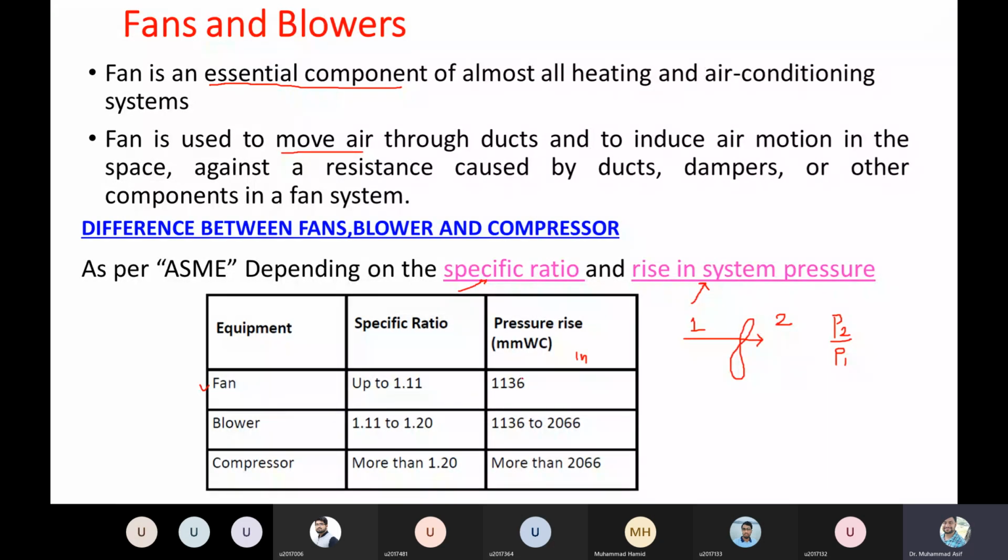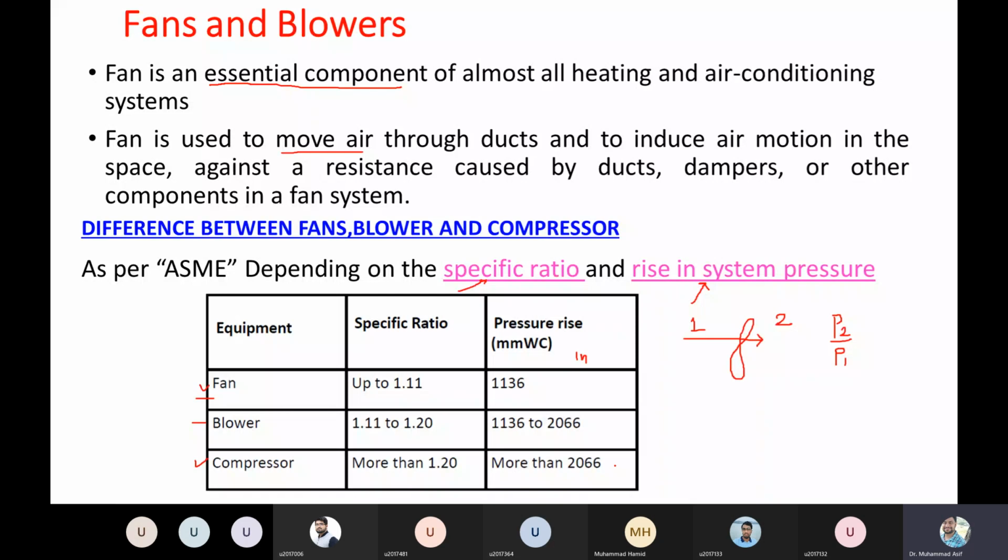Similarly, the specific ratio in the blower is between 1.11 and 1.2, and the increase in pressure is up to 2066 millimeter of water column. Whereas the compressor is also a pressure increasing device, but it has a specific ratio more than 1.2, and it can increase pressure to more than 2066 millimeter of water column. So this is how we can differentiate between the fan, blower, and the compressor.